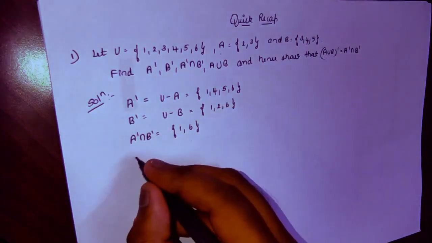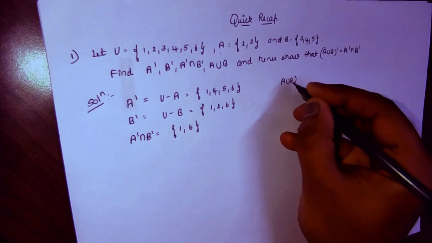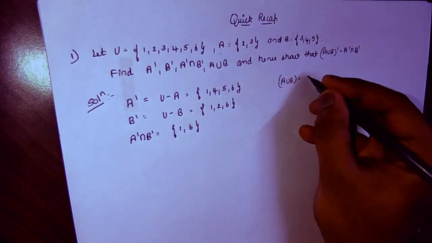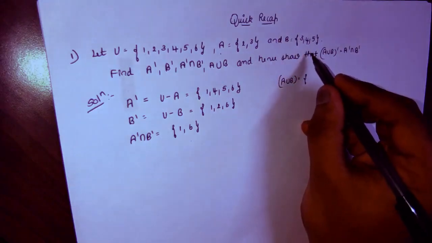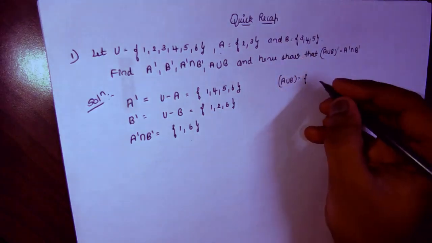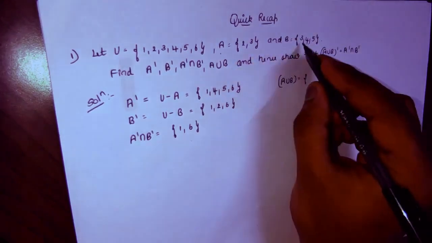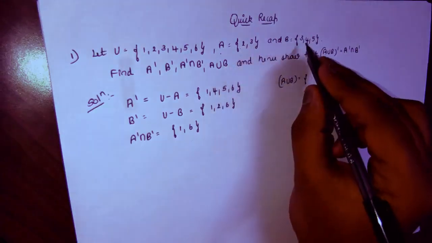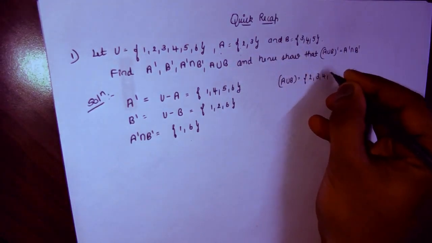Now we will find A union B. Whatever is common between A and B, and the rest also we have to write there, that is the A union B set. That is 2, 3, 4, 5.